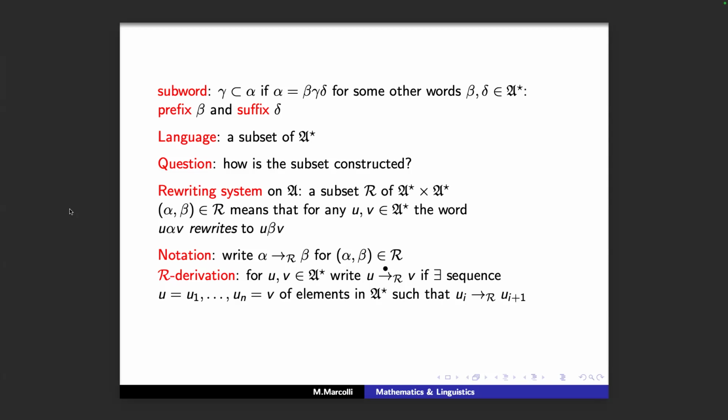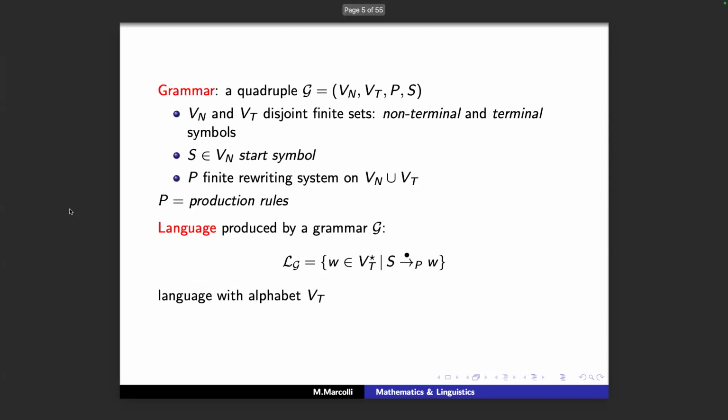Yeah, I mean, at this level, one could just define it this way, by describing the transformations, the rewriting rules. And this is going back to what I've already shown, that one can describe a grammar as something that has nonterminal and terminal symbols, and a finite collection of rewriting rules.